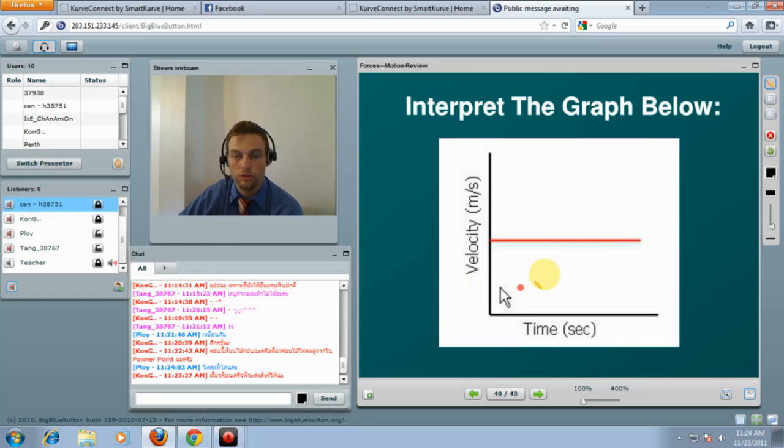So don't be confused about this graph, because we know that this y-axis has now changed from distance to velocity. So we have meters per second over seconds. If you remember from the last lecture or from the beginning of this lecture, we talked about what uses the units meters per second per second.